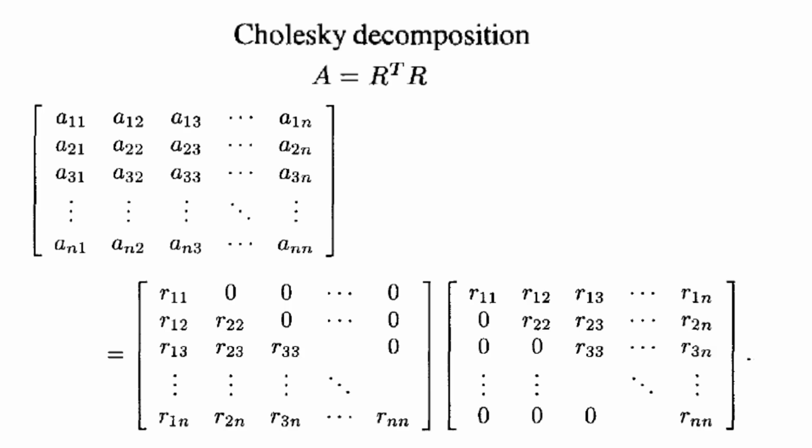Let's see the decomposition of the matrix A. R is a triangular matrix which is on the right side of the right hand side, and this is R transpose.